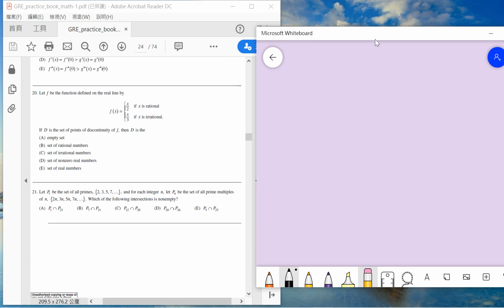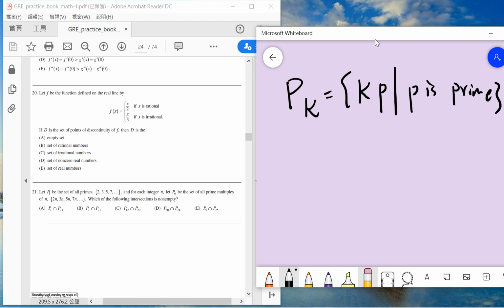To solve it, basically Pk is just kP, where P is prime, so we can write Pk as this type.